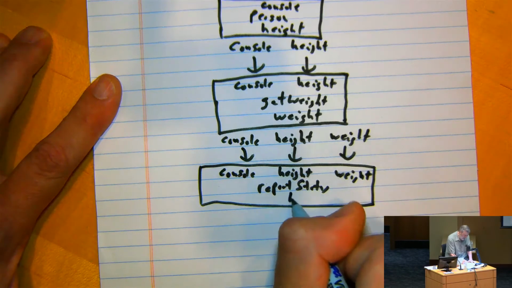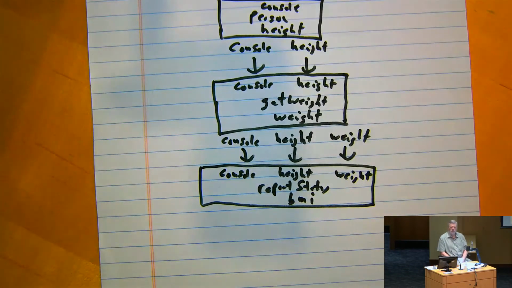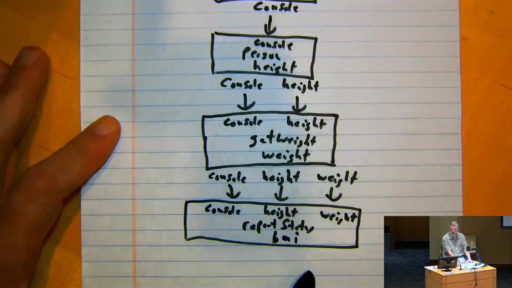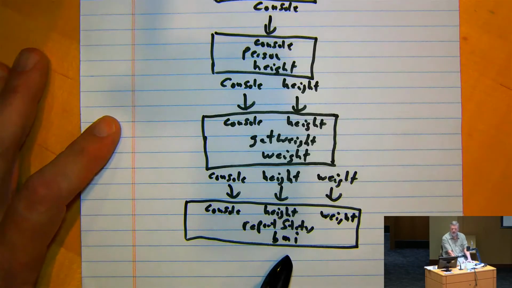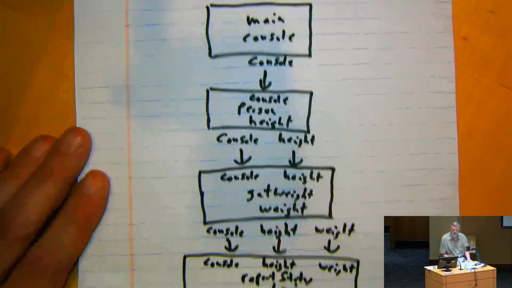And it has an extra local variable called BMI that it uses to compute the BMI. So that's finally when we get, once we've got both the height and the weight, using the console scanner to obtain it, we compute a BMI, and then it reports the results for that specific student. So this is the bad BMI program.